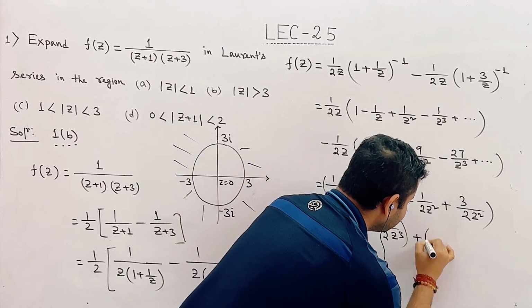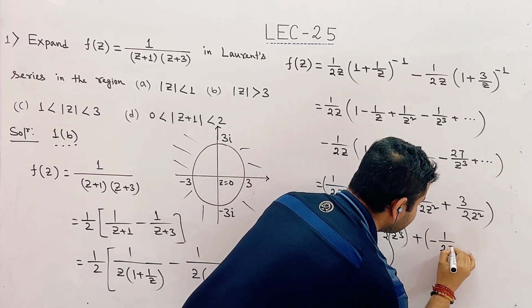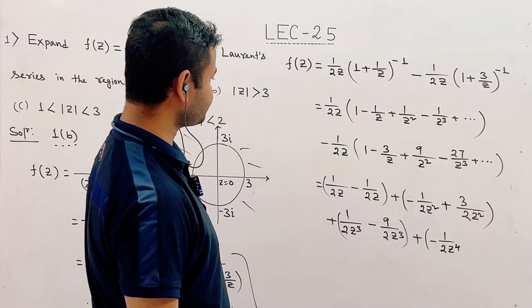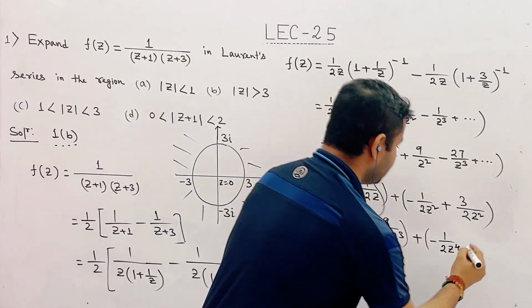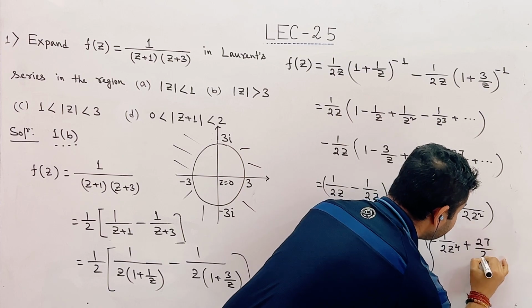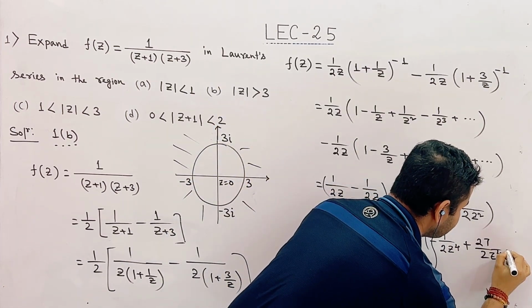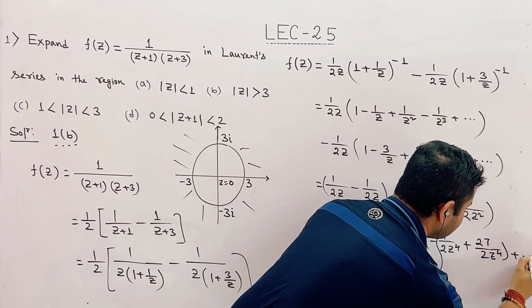So, finally, we will get minus 1 by twice into z to the power 4 plus 27 divided by 2 z to the power 4, plus dot dot dot.